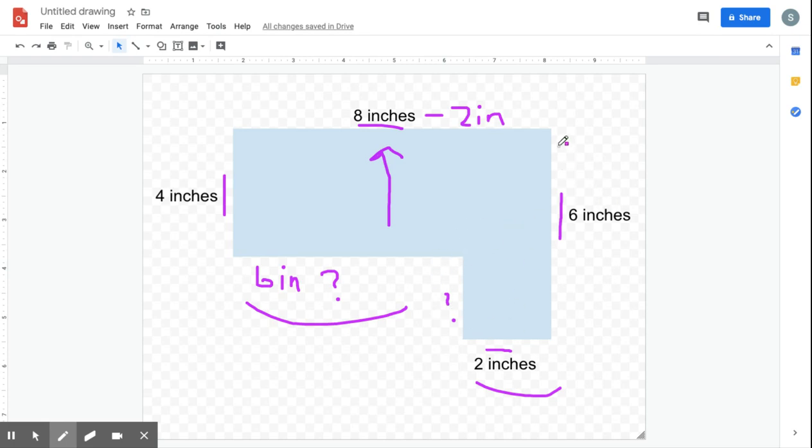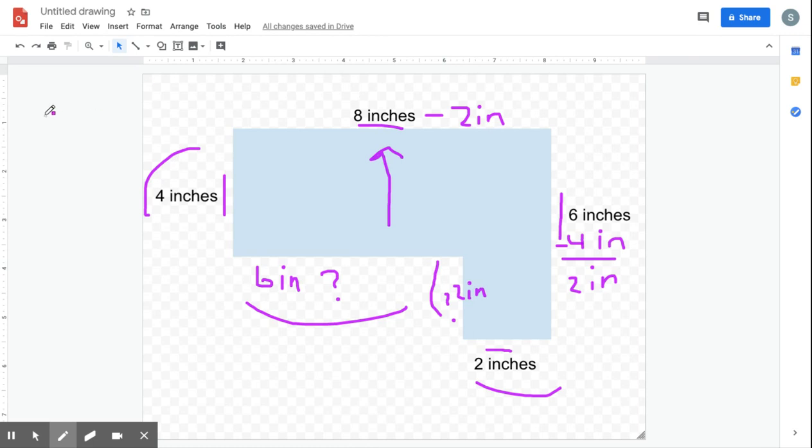This side, I know that this whole side over here is 6 inches. Again, this is one part, and then our other part is over here. So 6 minus 4 leaves you with 2 inches. So this is also 2 inches. Now I can add all of these together.